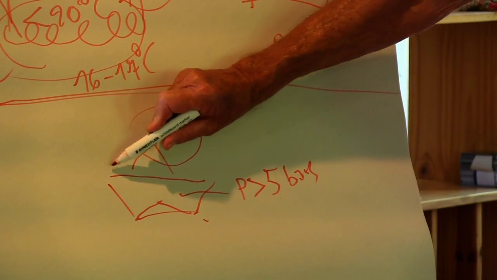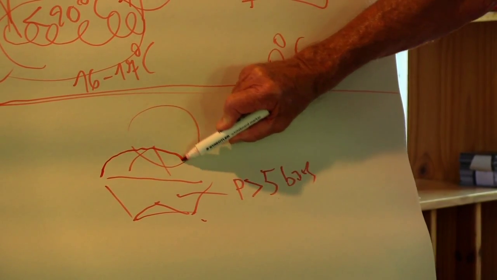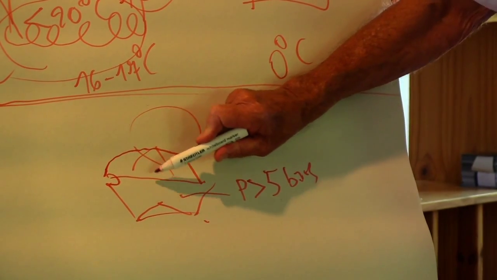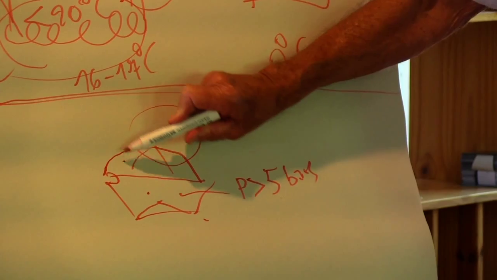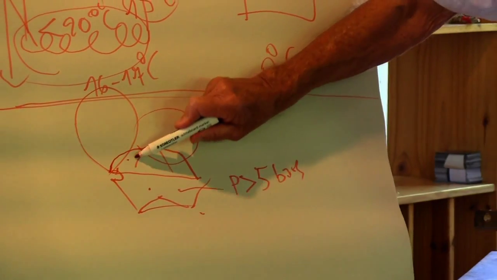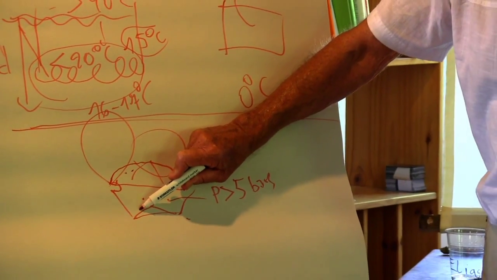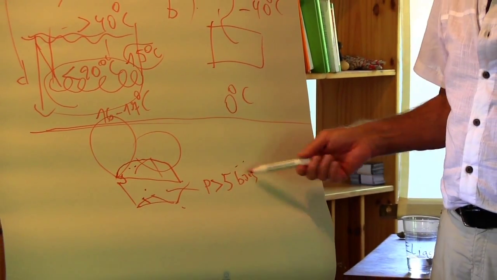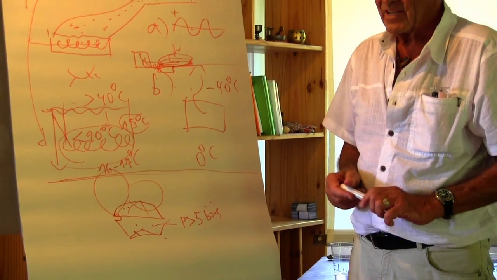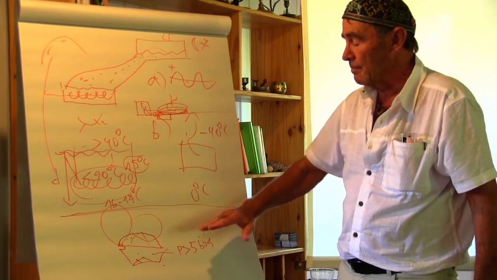And then we put a dome over it, because remember we have membranes, and if we would have 5 bars here and atmosphere here, the membrane would just come out like this. So we bring the same pressure here like here, and if we have 5 bars, we have 2.5 kilowatts.